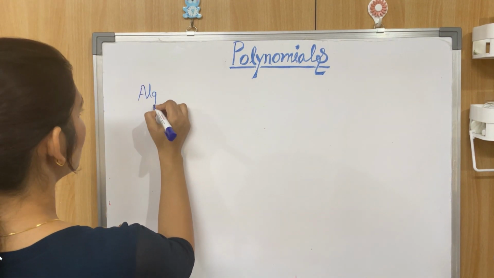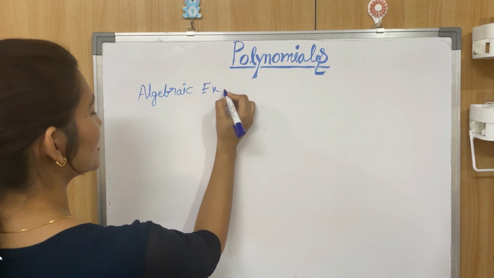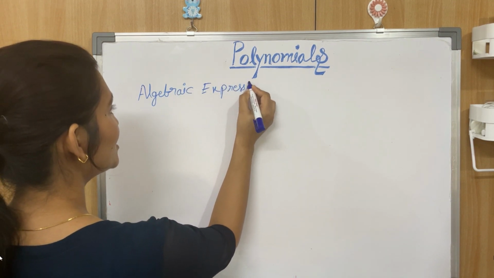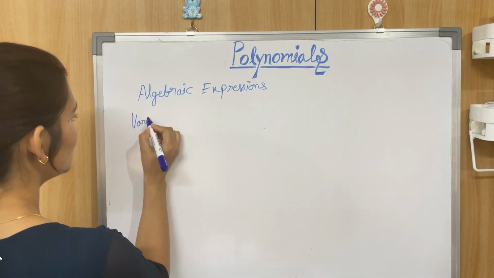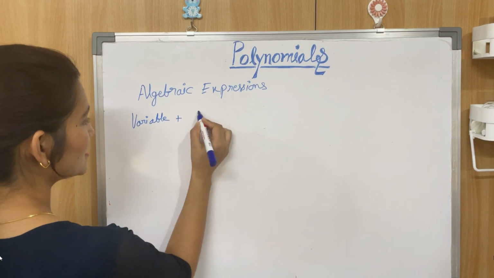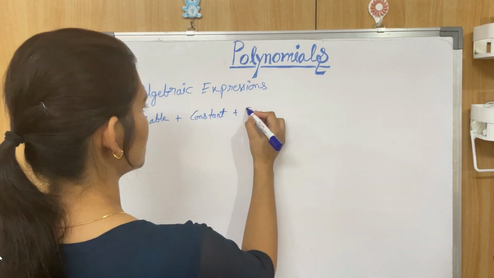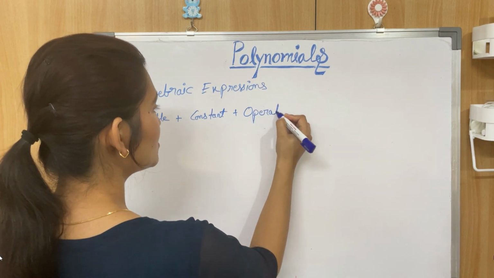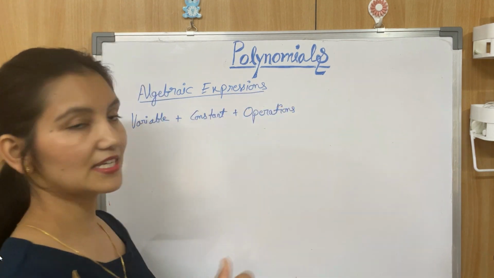So what are algebraic expressions? Algebraic expressions are made up of 3 things: variable, constant, and operations, right? So these 3 things make an algebraic expression.